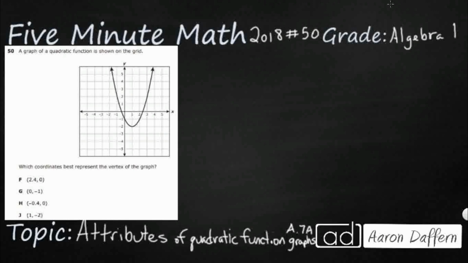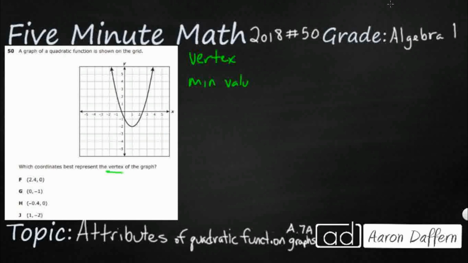So we have this graph here, and we are looking for the coordinates that best represent the vertex. So let's take a moment and find all the things we do know about this graph. We are going to look for the vertex here, but we can also find the minimum value.